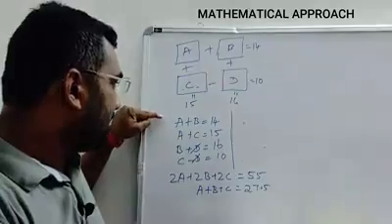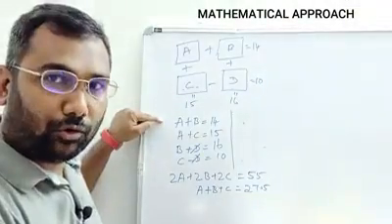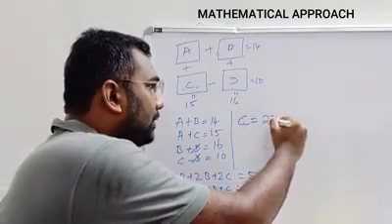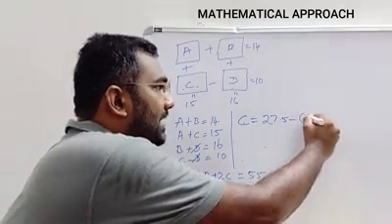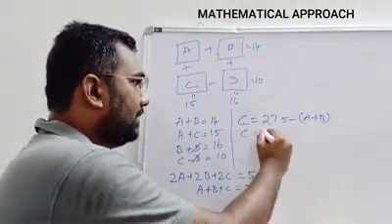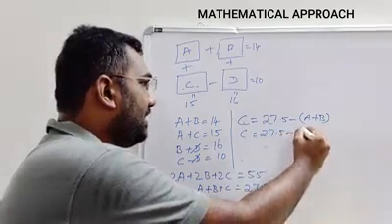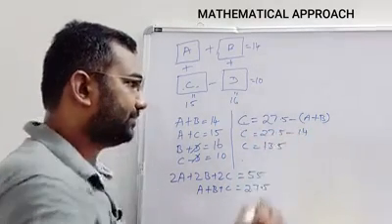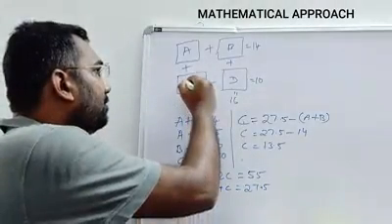Next, we know A plus B is equal to 14. So, if we have to find the value of C, C is equal to 27.5 minus (A plus B). Correct? So, C is equal to 27.5 minus 14. So, C equal to 13.5. So, you can replace C by 13.5.